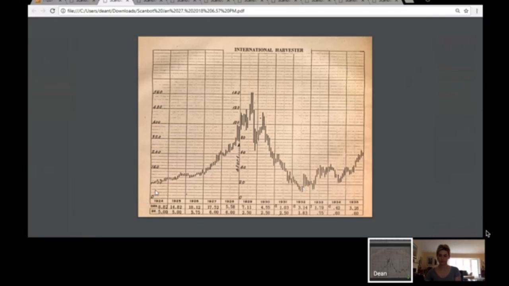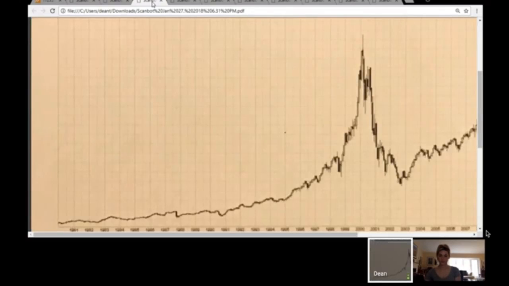So altogether from 1923 through 1932, almost 9 years, with this building up from less than $10 to over $140, or a 14 times explosion in price.